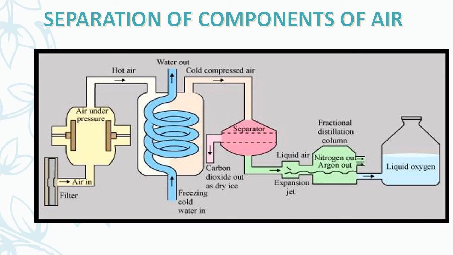Then this compressed air is converted into liquid air. Now we allow the liquid air to warm up slowly in the fractional distillation column. You can see here the fractional distillation column in green color. Then gases get separated at different heights, again with respect to their boiling points. So separation of components of air also takes place by the fractional distillation method.